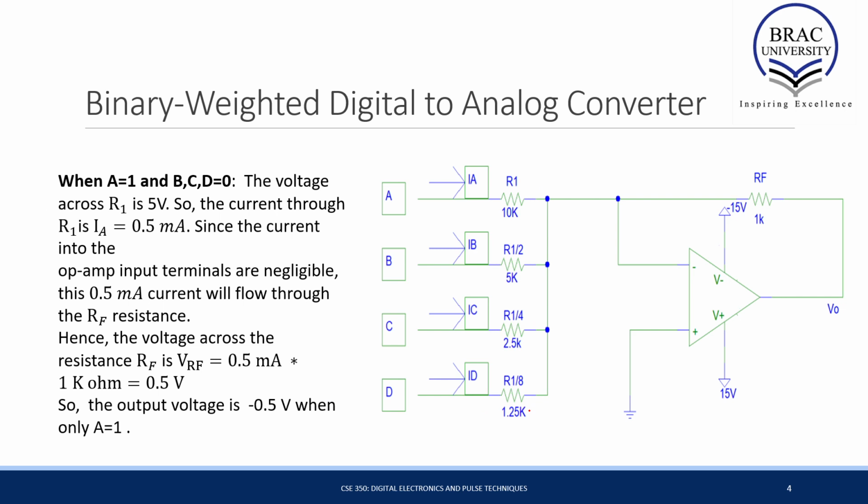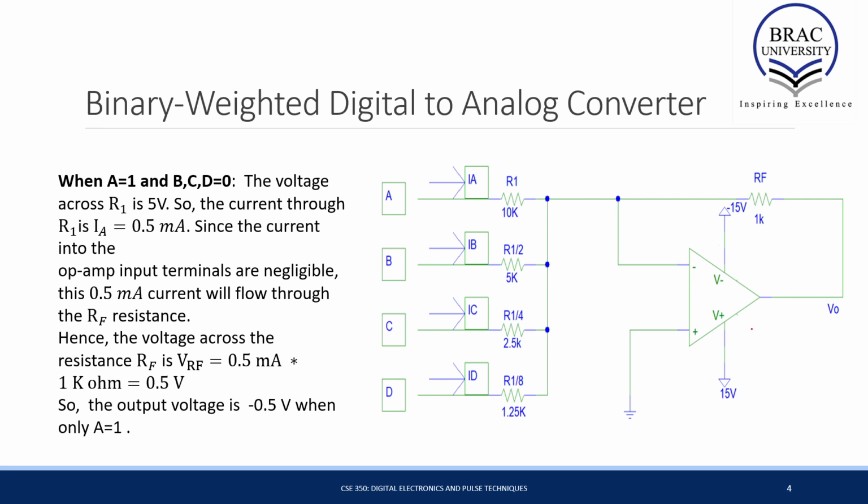We can also calculate the output value using normal logic. Let's see, for example, our input A has a value of 1, and inputs B, C, and D have a logic level of 0. That means a 5-volt voltage source is connected to the input A. We know there is no current flowing into the inputs of the op-amp.